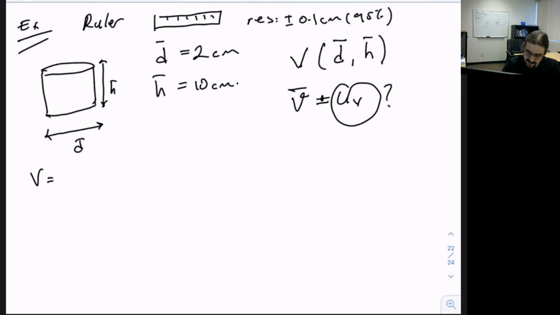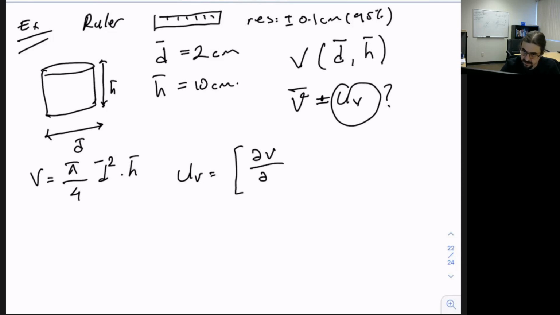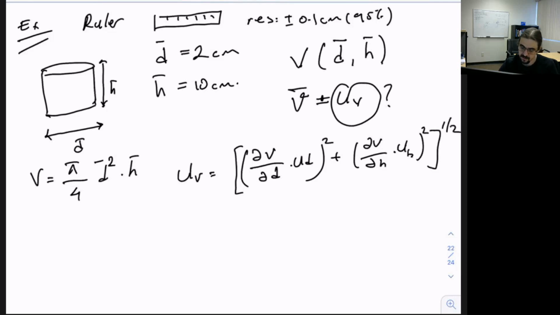The volume is defined as pi over 4 d squared h. That means that's two variables, so my UV, the uncertainty, is going to be, again, the square root of dV/dD times UD squared plus dV/dH times UH squared.